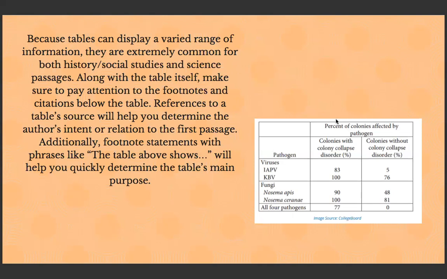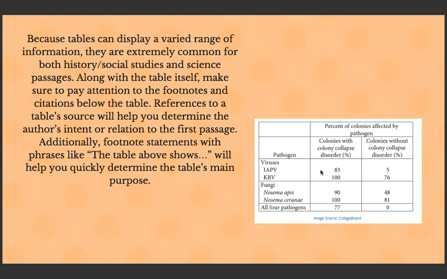Looking at the table, here you've got the percentage of colonies affected by pathogen. Now, pathogen, I'm assuming, is some kind of scientific word, and then it's divided up into categories. So you've got your pathogen, and then you've got viruses and fungal.